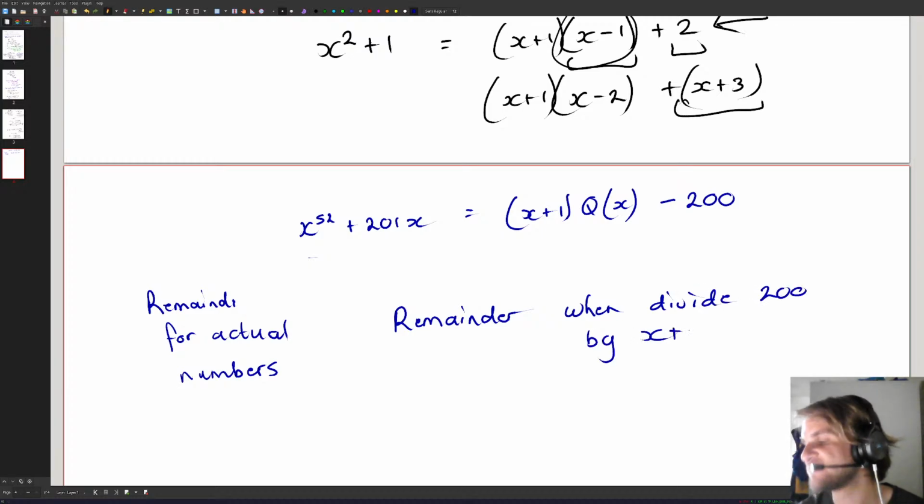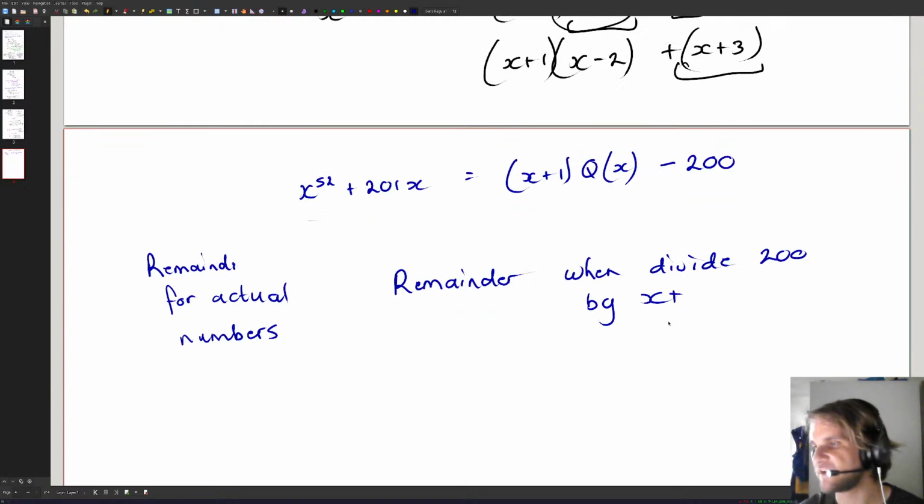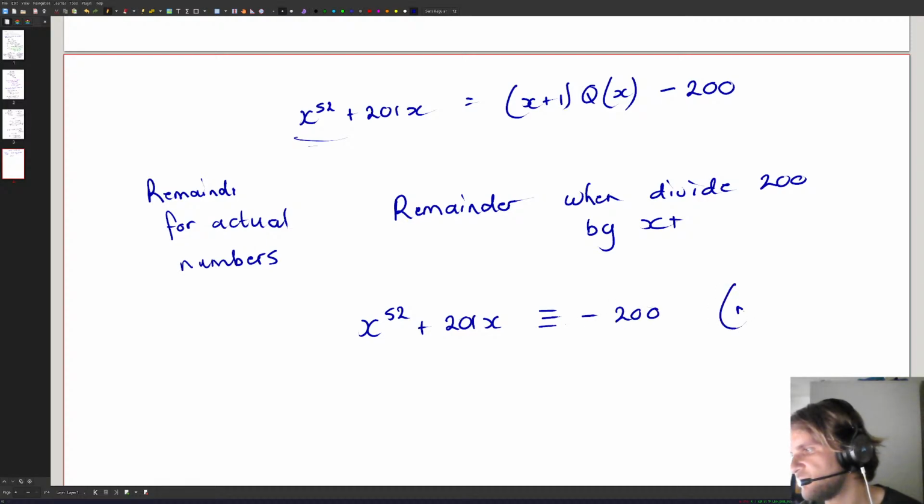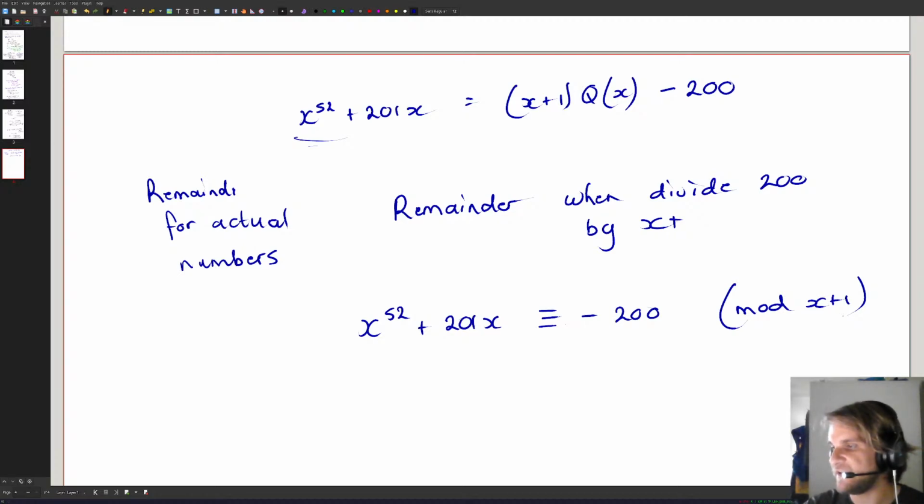And that's because with actual numbers, you can then carry on with what this is saying, as polynomials. This is saying that x to the 52 plus 201 x is congruent to minus 200 mod x plus 1. And so if you plug in any actual value for x, an integer value for x, this is still true.